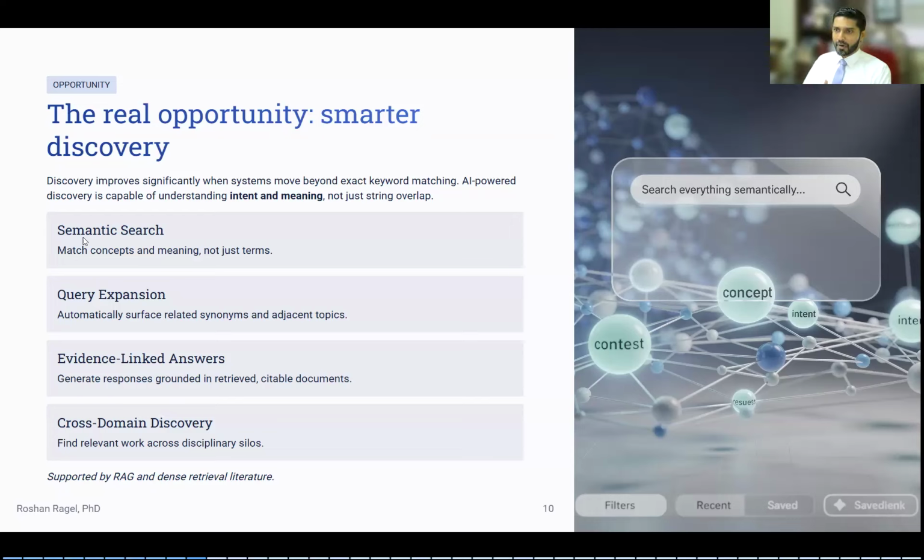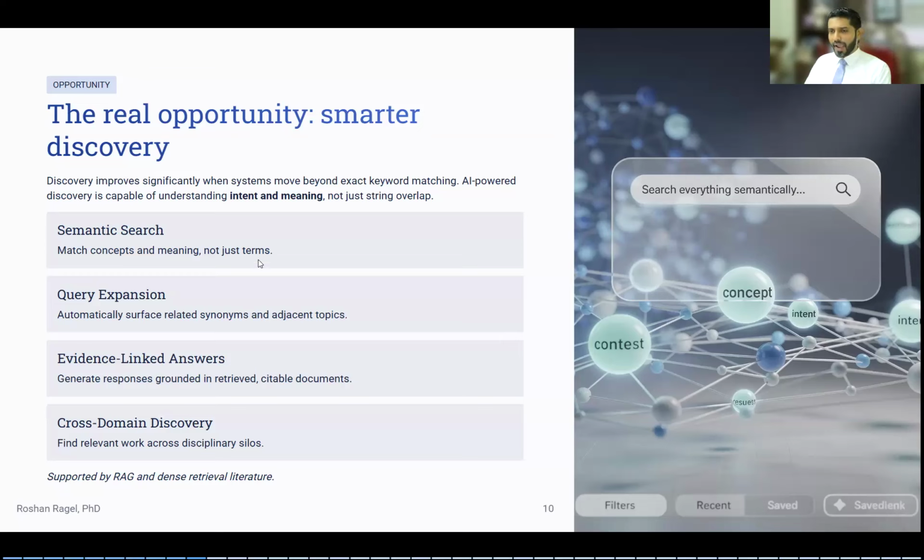In fact, a number of research tools have been built, including tools like Connected Papers and Research Rabbit. They are built to search not just the keywords, but the context, the meaning. That's changing a lot. That is also known as smart discovery.